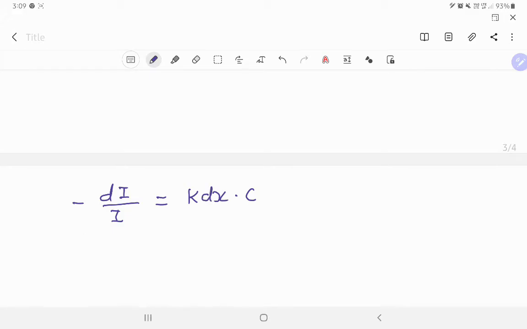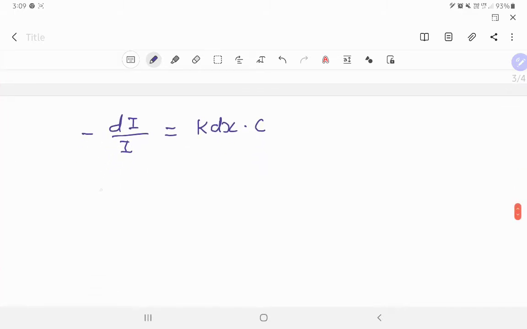Okay. Now again integrate this equation between the limits. You will get the same equation, log of I0 upon I is equal to k dash upon 2.303 into C and x.